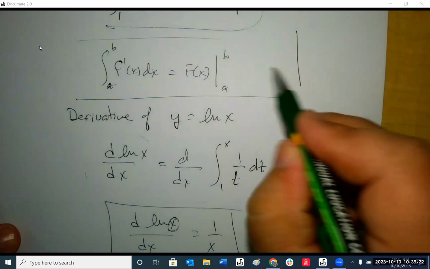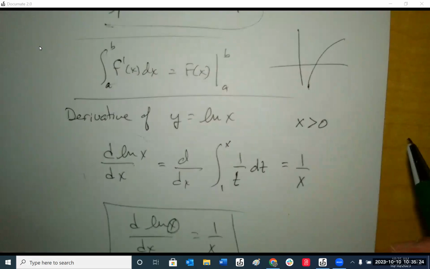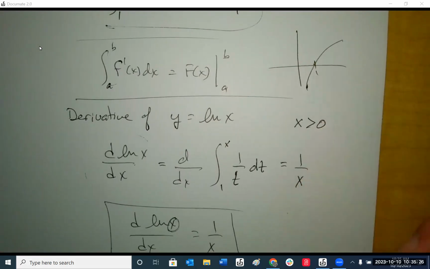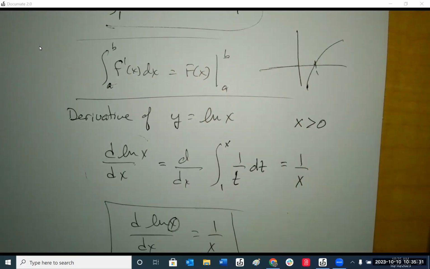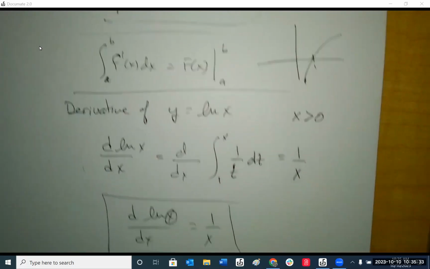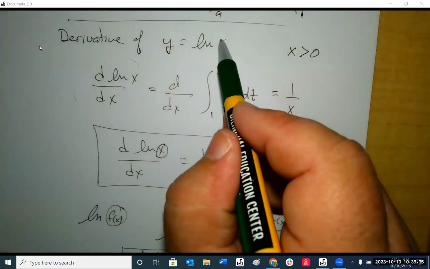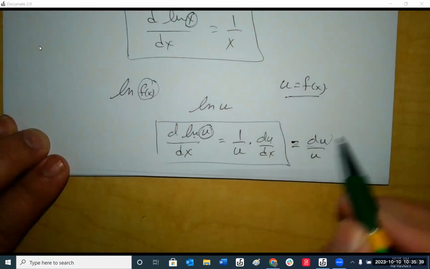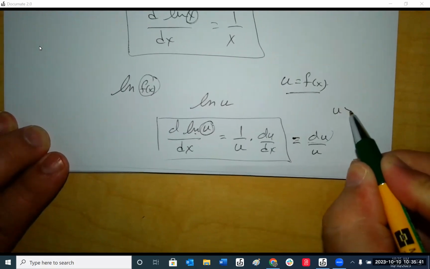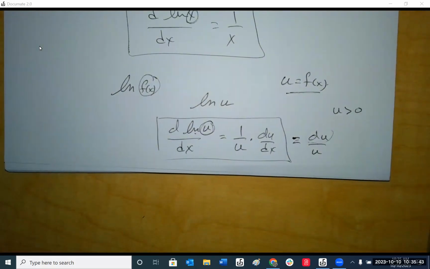Remember the graphs of logarithms? It crosses through 1. You cannot have a logarithm of a negative number. So our domain has to be strictly greater than 0. So then here, our u has to be strictly greater than 0.